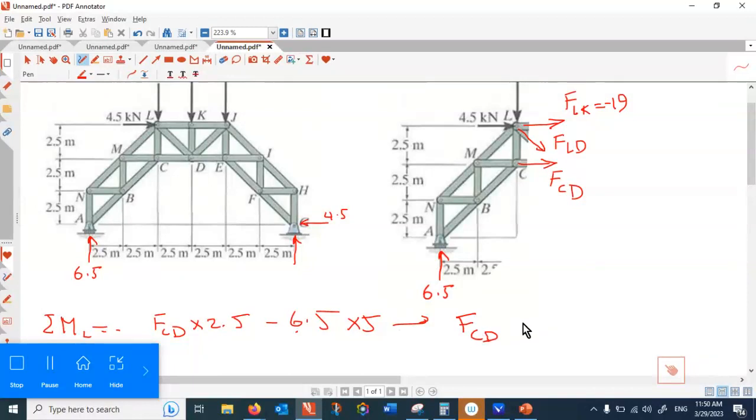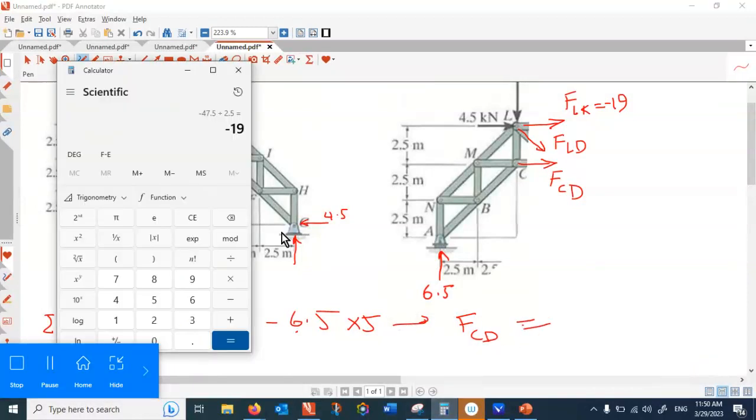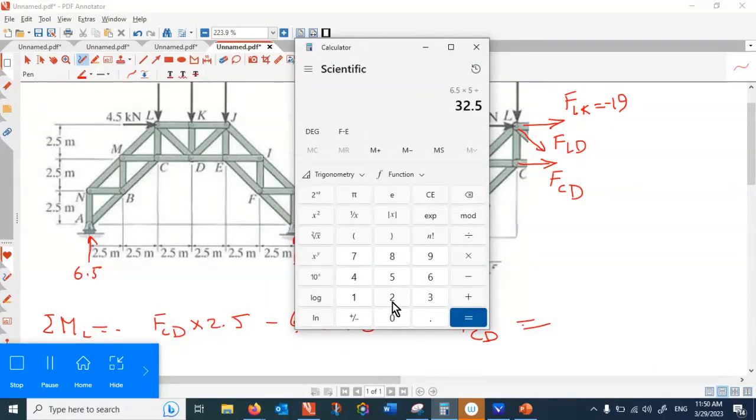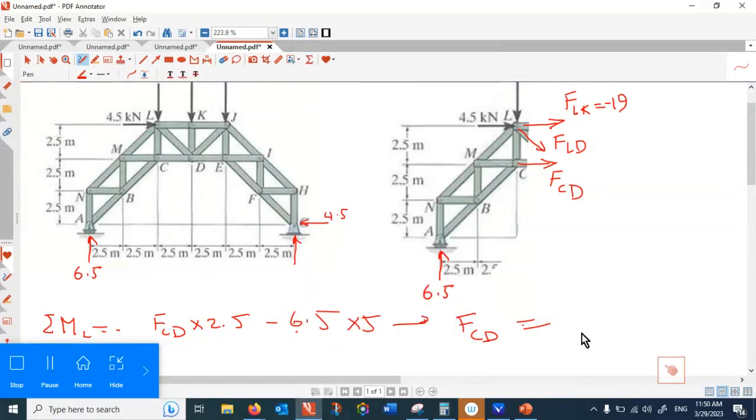Therefore, FCD is 13. So FCD becomes tensile.